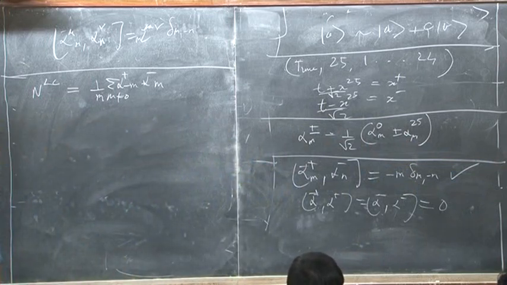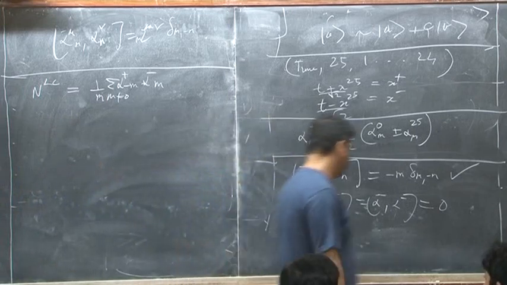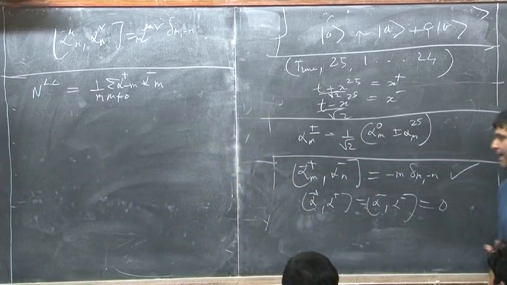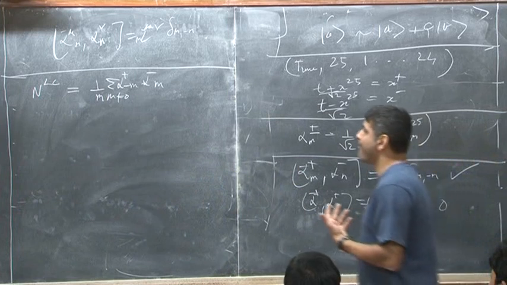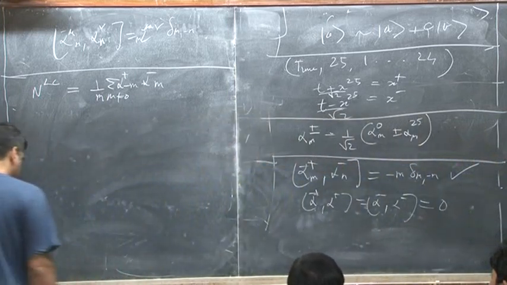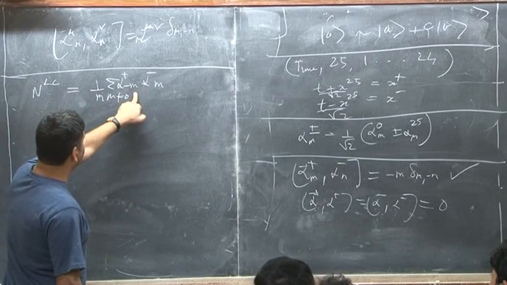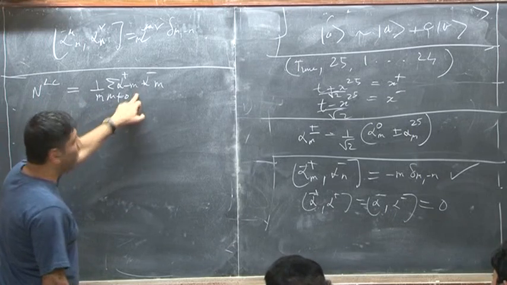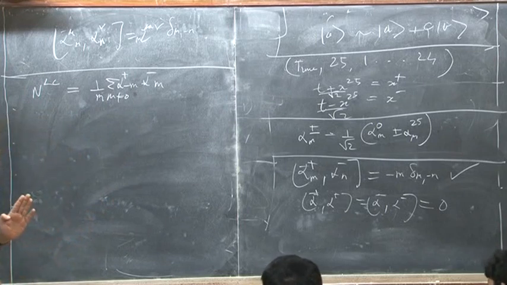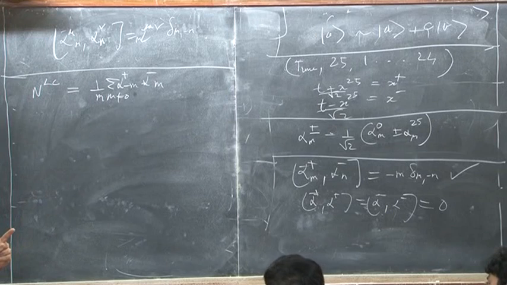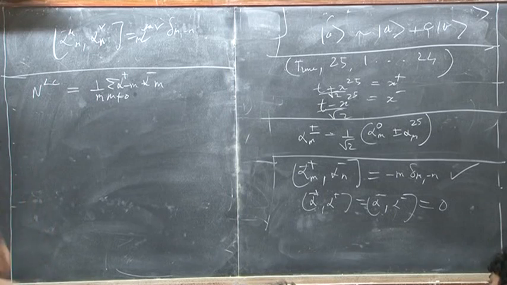Now, what is this operator? This operator counts the number of plus oscillators minus the number of minus oscillators.